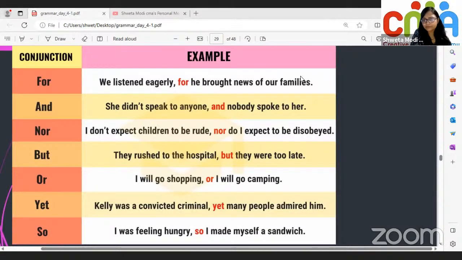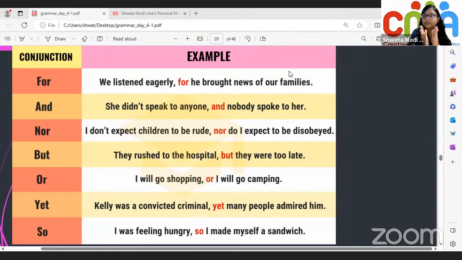So in FANBOYS, you will have two clauses which are equally important and independent. We listened eagerly is a complete meaningful sentence. He brought news of her family is a complete meaningful sentence. She didn't speak to anyone is a complete meaningful independent sentence. Nobody spoke to her is again an independent sentence, right?